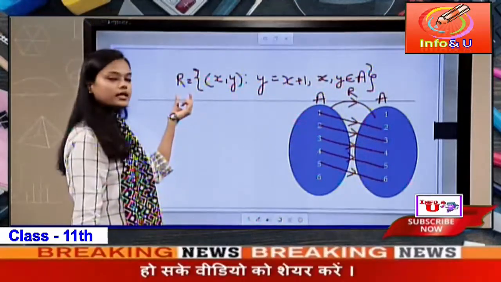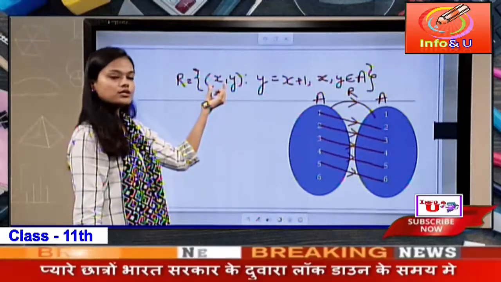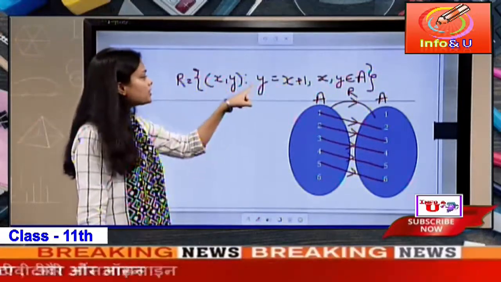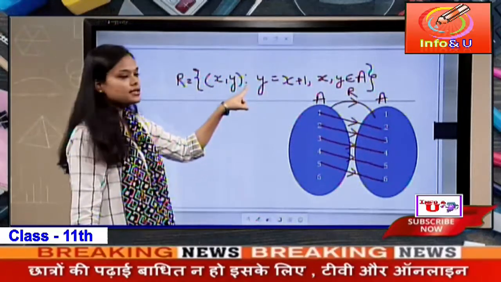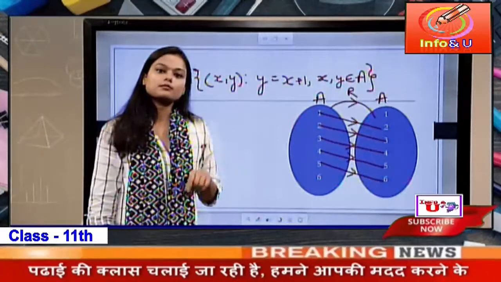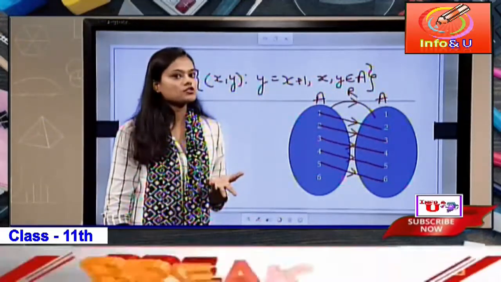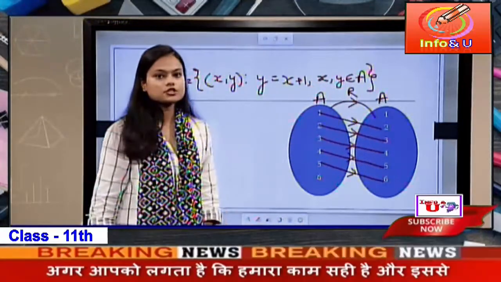So we have formed a relation of all those ordered pairs where the second element is the successor of the first element. Now, what will be the domain, range and codomain of this relation? Easy.